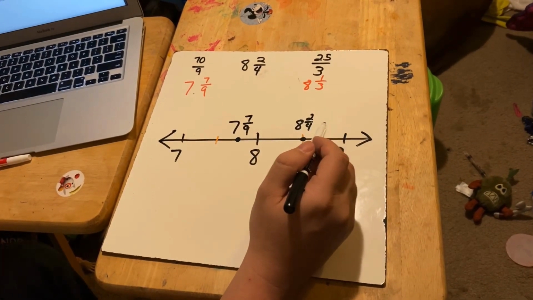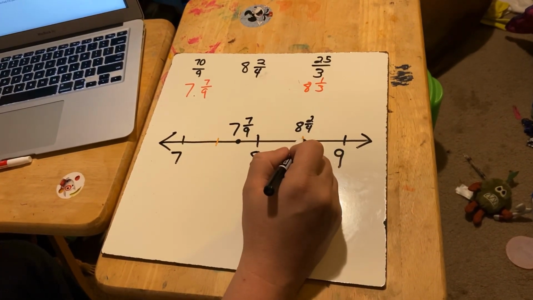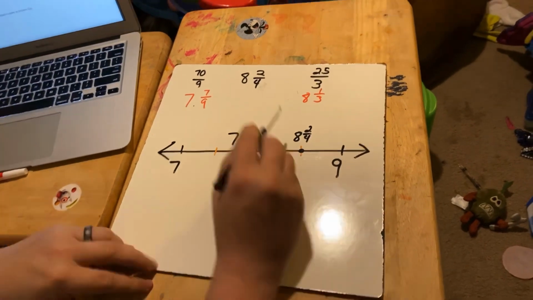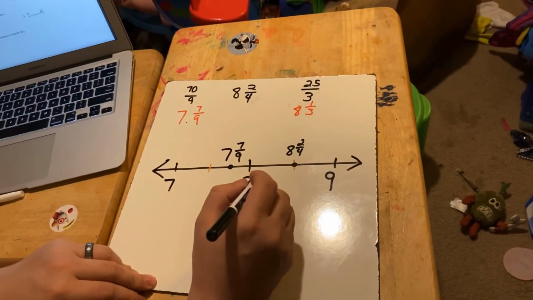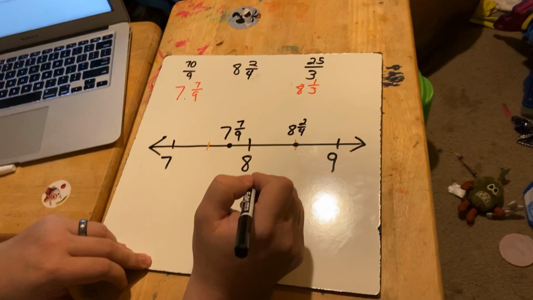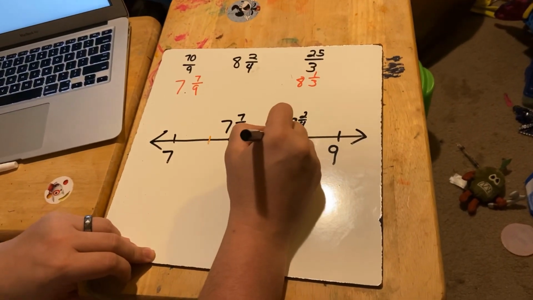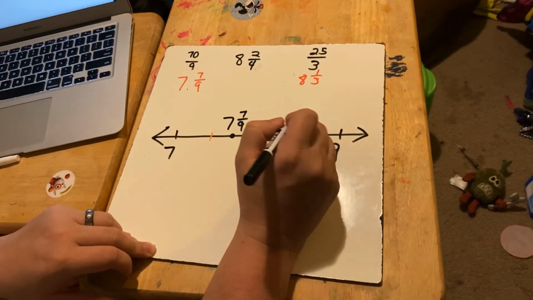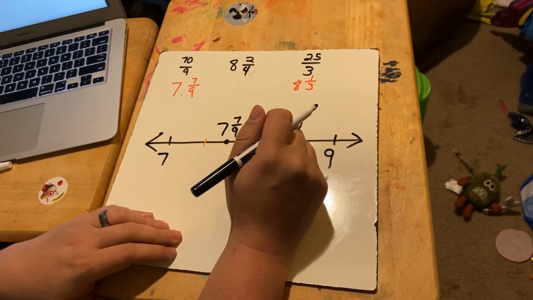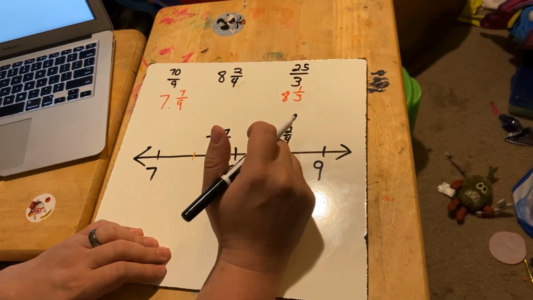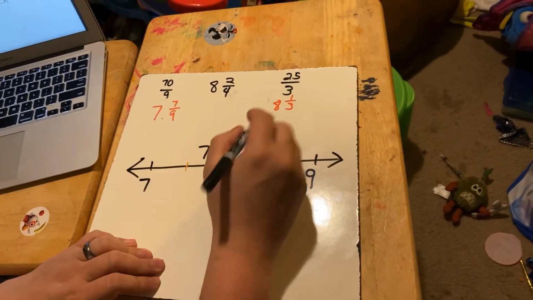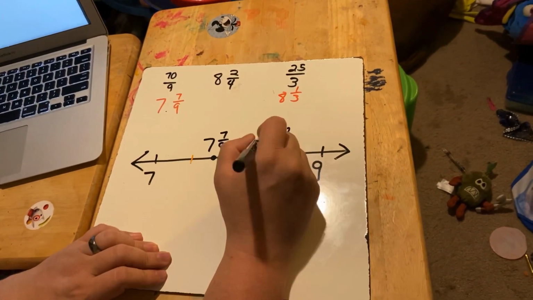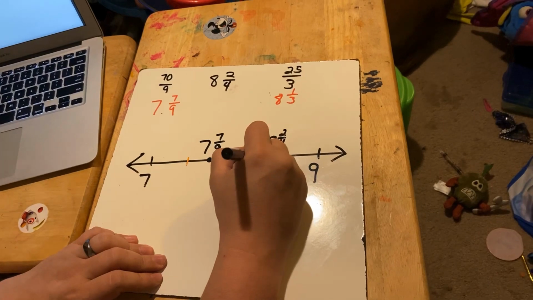What I have to figure out is, we know it's going to be past the 8, is 1/3 less than or greater than 1/2? Well, it's going to be less than, because half of my thirds will be somewhere in between, so it's going to be right here. Sorry, I got a little confusing right there.